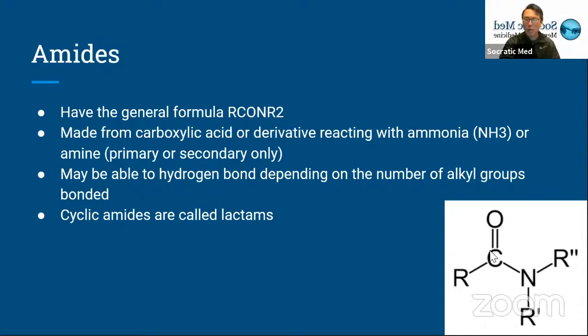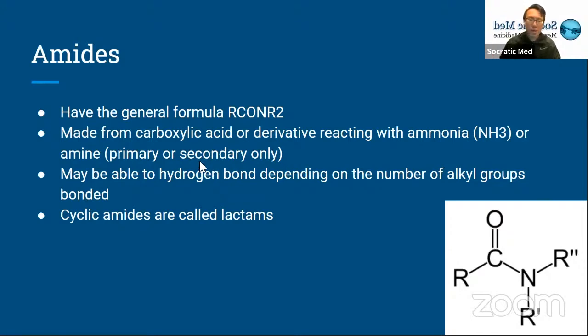It has the carbonyl carbon double bonded to the carbonyl oxygen, and an R group attached to the carbon, but instead of an OH group it has a nitrogen attached, and it can have two alkyl groups attached. These R's can be alkyl groups, or they can be just hydrogens. So it can have one carbon chain, two carbon chains, or no carbon chains, depending on what the starting amine was.